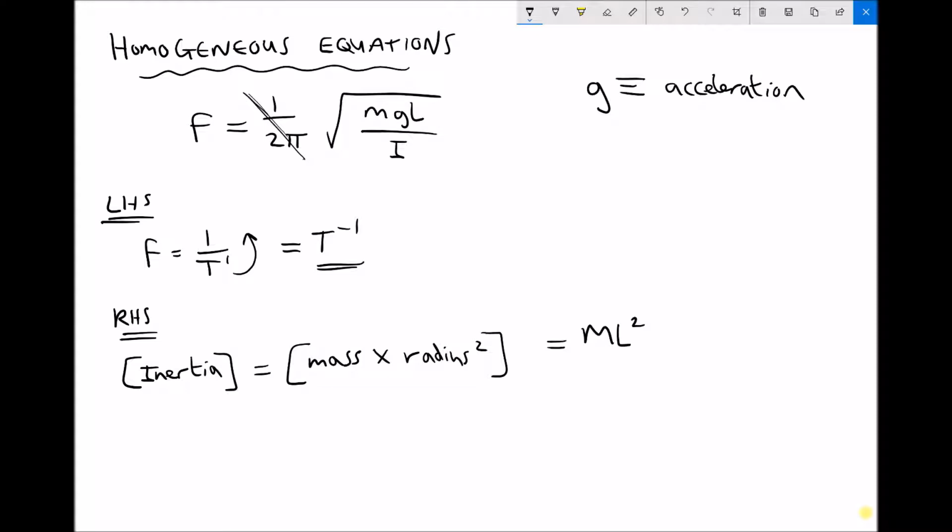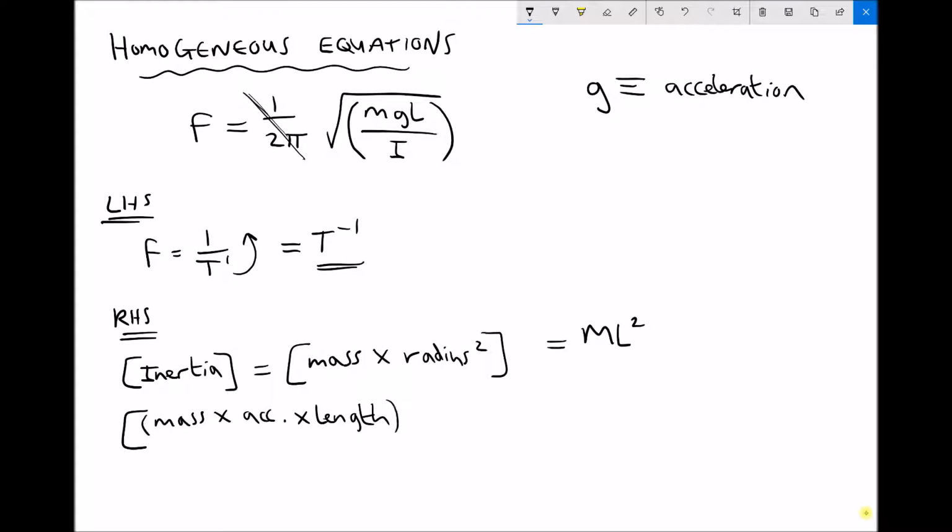So before we concern ourselves with the square root here, let's look at the dimensions of mgl over I. So the dimensions of mass times acceleration, I'm just going to abbreviate that to ACC, times length.